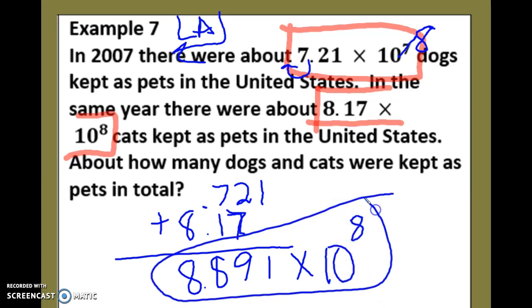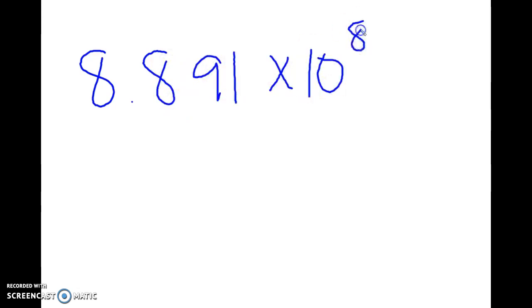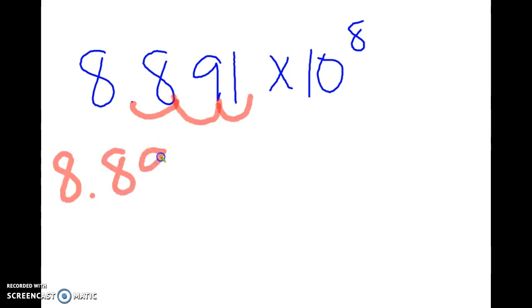Now that doesn't seem like a whole lot of dogs, but what does that really mean? So if we have 8.891 times 10 to the 8th, what that really means is we need to move that decimal point 8 spots. So 1, 2, 3. I don't have enough to move 8, so I'm going to start over here.